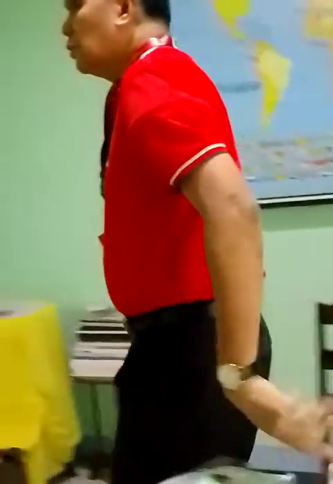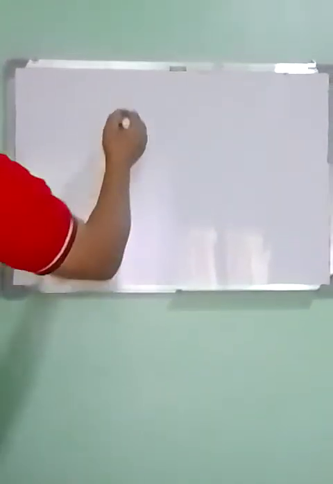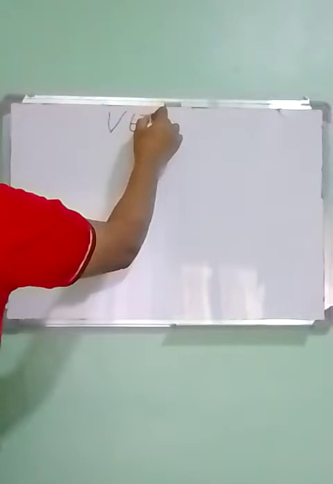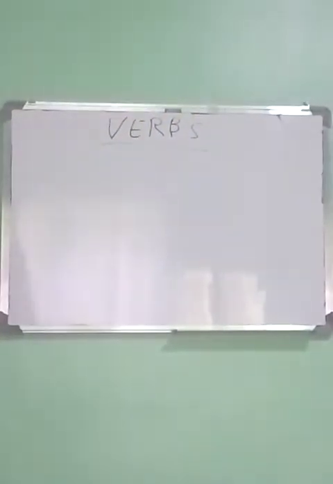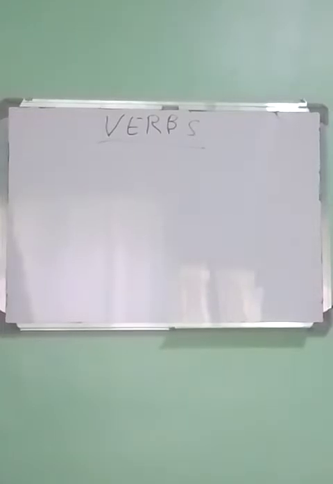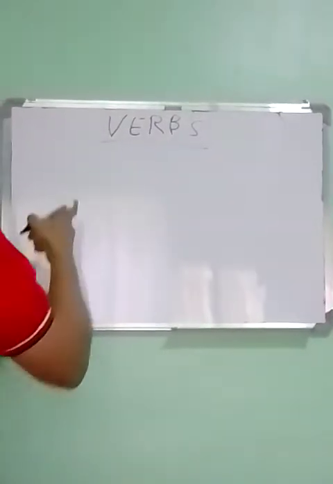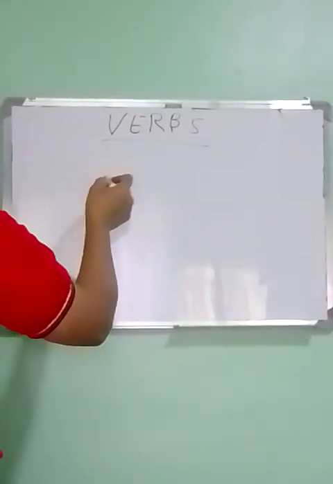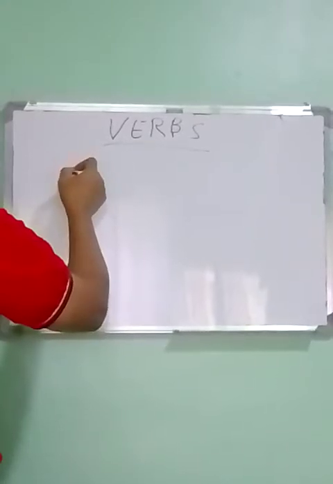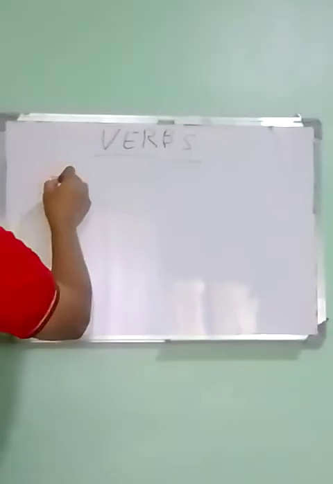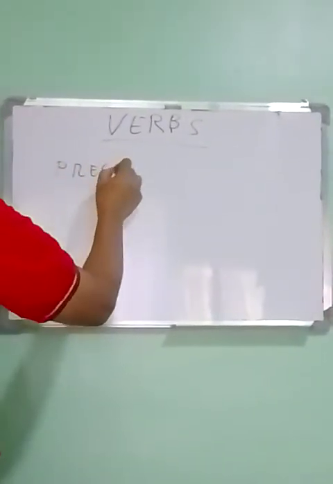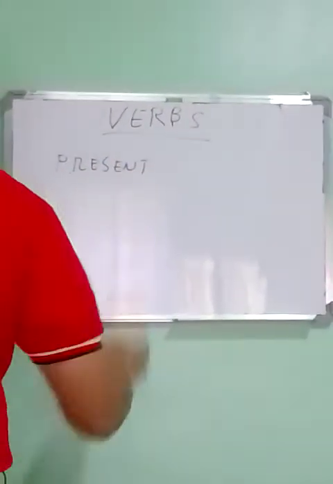Okay, I'd like to go to this board now for my discussion about verbs. We are still on the concept of verbs, no? So last time, I talked about forming, and we have two new tenses that I'd like you to research on. The first is the present continuous tense.